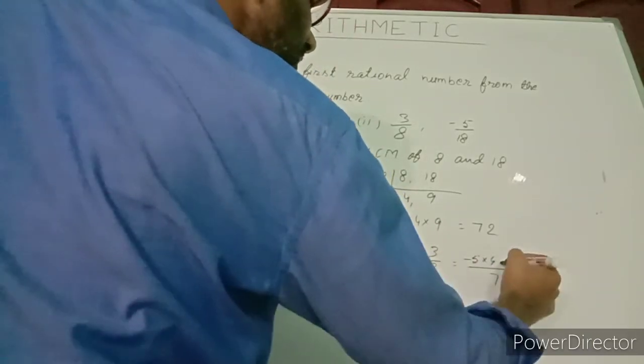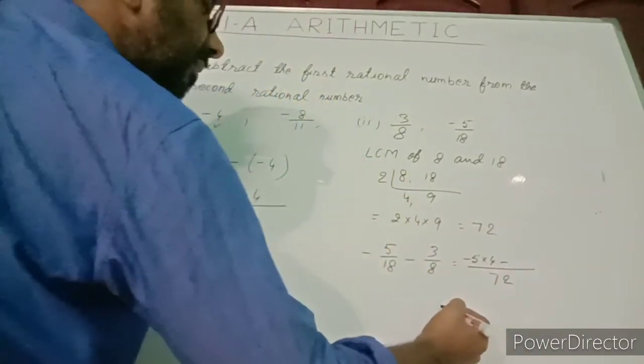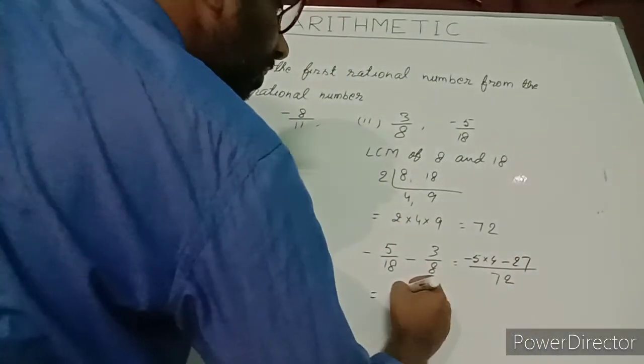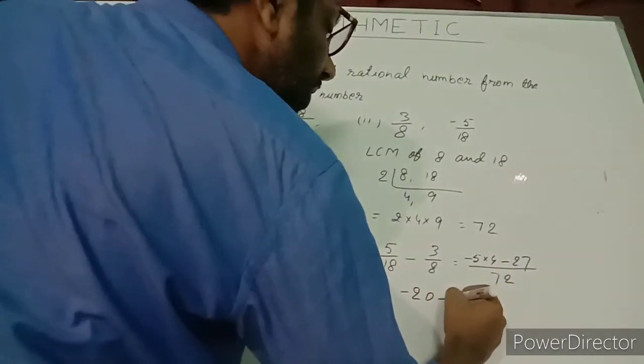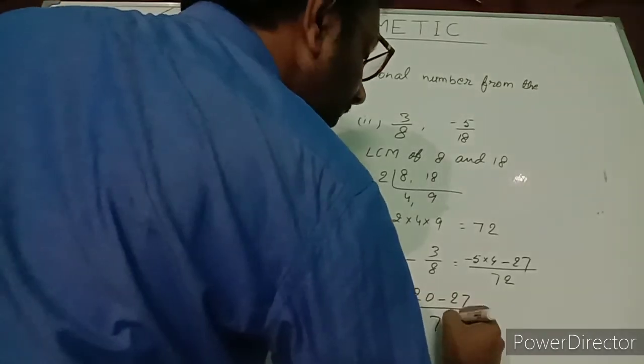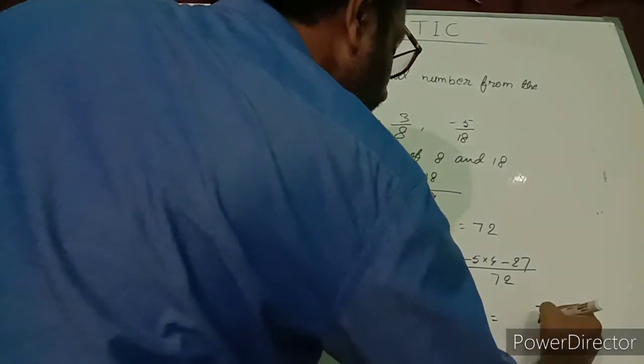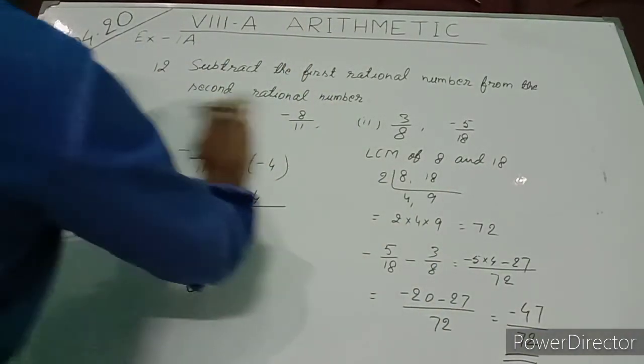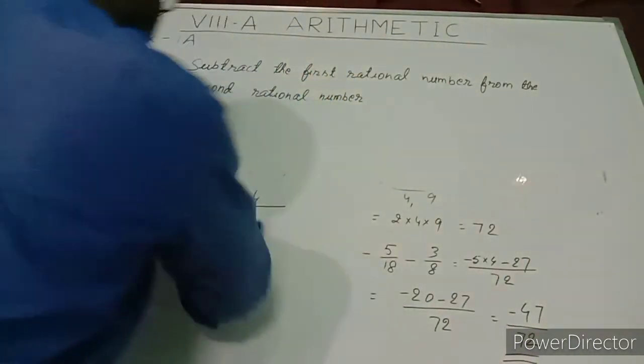Now here is minus, you write minus. 8 9s are 72, 9 3s are 27, is equal to minus 20 minus 27 by 72, is equal to minus 47 by 72. This became the answer.